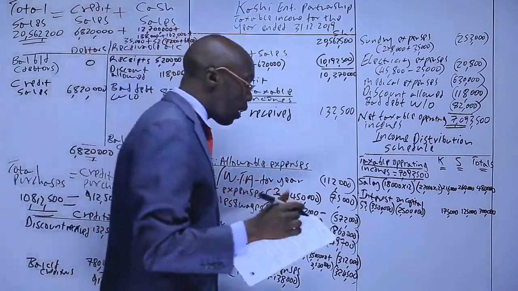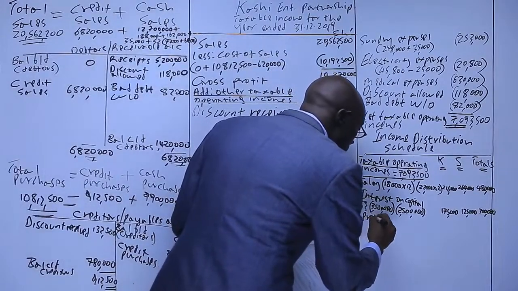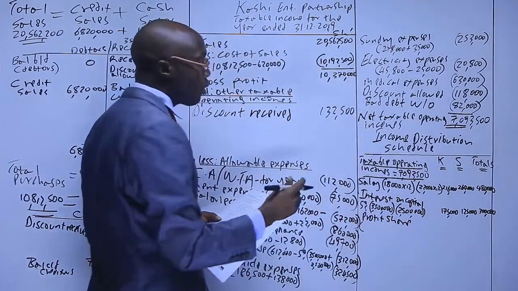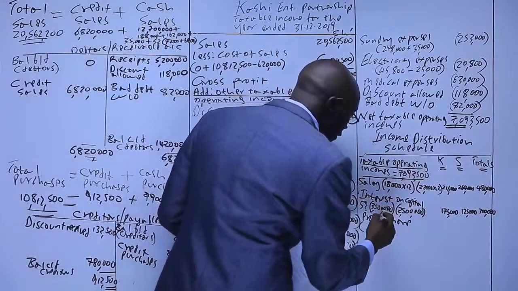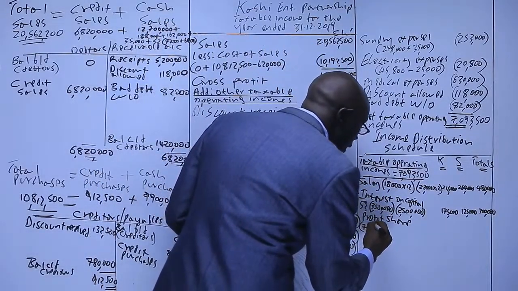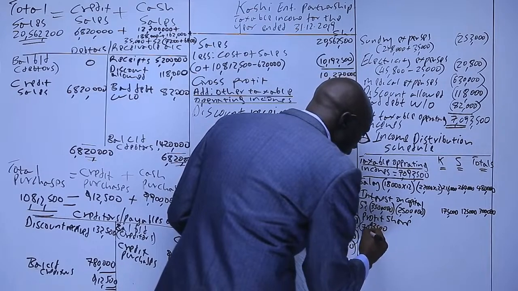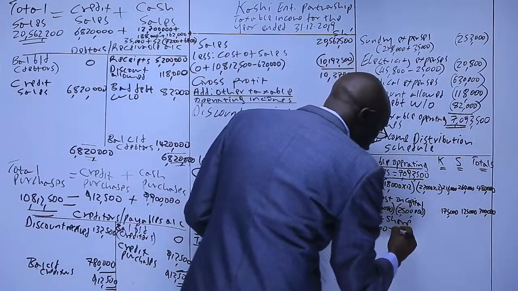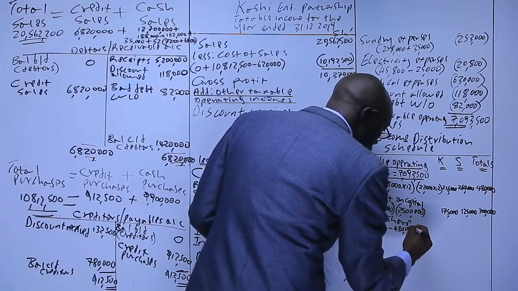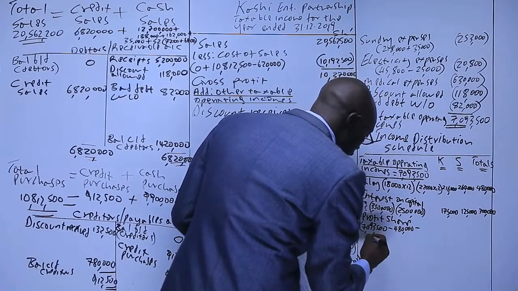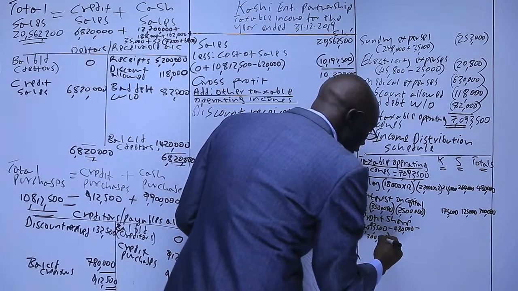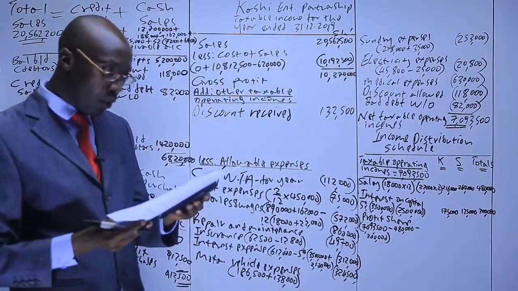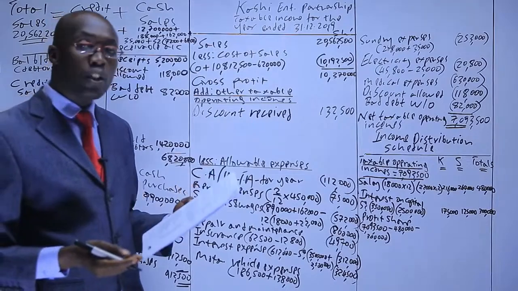So the only remaining one is the fifth one, profit share. How do you get the profit share? We said you take the taxable operating income we have, like in this case we have 7,093,500, and then you minus what has been shared already. We have shared the 480,000 and also shared the 300,000. So whatever remains you share according to the profit sharing ratio. And what was the profit sharing ratio? In the first paragraph, they were sharing 2 to 1.